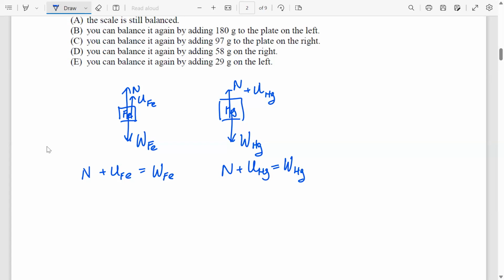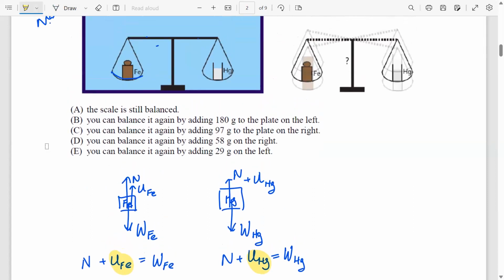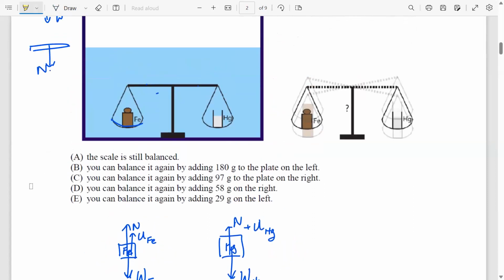Now, when it's taken up into the air, this one and this one disappear. The upthrust is due to the water, so it disappears. So how do we then balance it again?